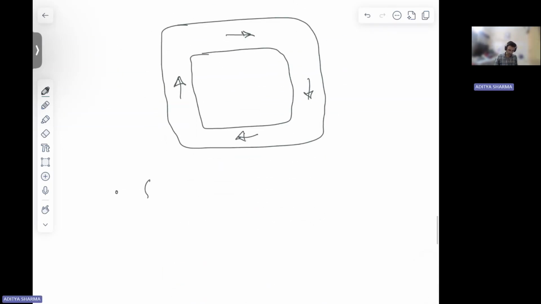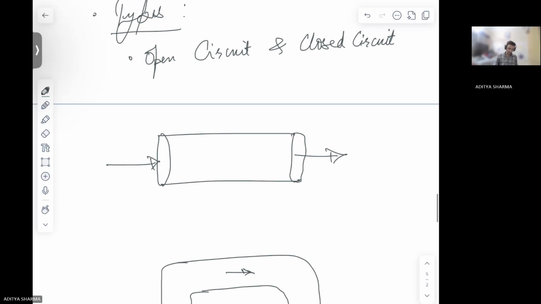Then there is suction type and blow down type. Now, what is this suction and blow down? Let's say this is your open circuit tunnel, and the direction of the flow remains the same. Somewhere here you have your test section where you are going to study your flow. You'll have some model placed here, and on that you want to study its flow physics, right?